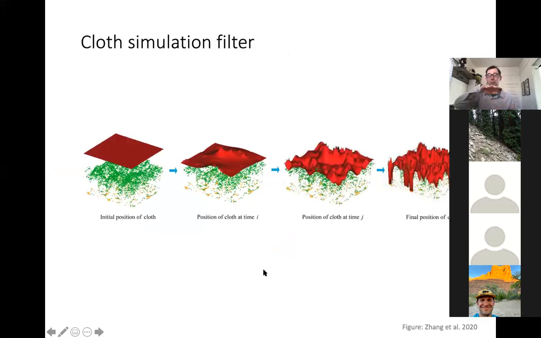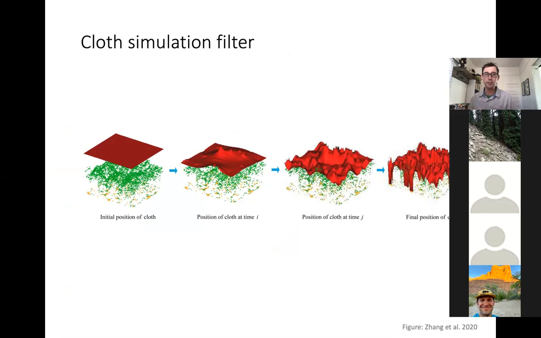So imagine taking the point cloud, flipping it upside down, so now the ground is on top of the point cloud. And imagine a simulated cloth laid down on top of the point cloud. You can sort of imagine simulating that at a couple of different time steps as it settles on the surface. And where that cloth settles is a good approximation of the ground surface.